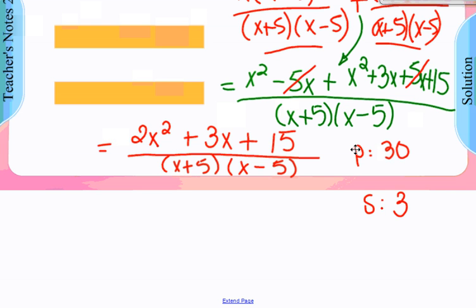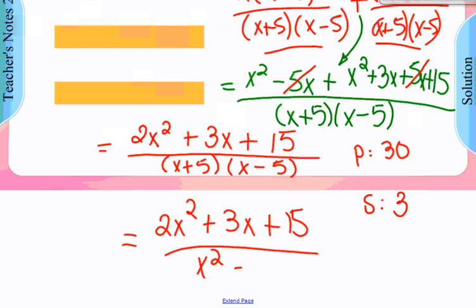So in our head, we're thinking, are there any numbers that multiply to 30 but add to 3? And the reality is no. So this is as simplified as it gets. If you wanted, you could expand the denominator, but it's not necessary. So just to show you, we could have x squared minus 25 if you want, but again, either one is as simplified as it can go.